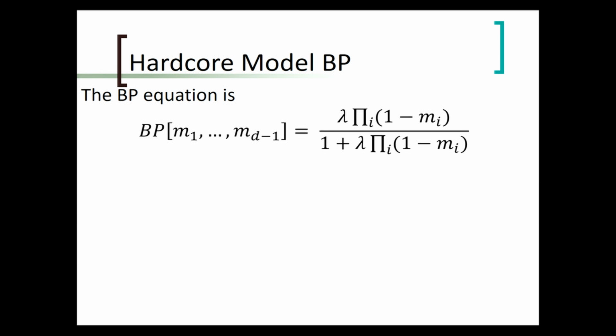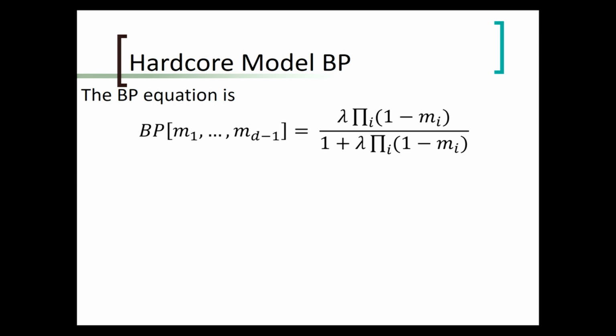So instead, we can look at the belief propagation equations. Remember, with the belief propagation equations, you have a measure over the states. In this case, the states are just 0 or 1, so we could think of m as just the marginal of 1. And it's simple to write down the BP equation for this.